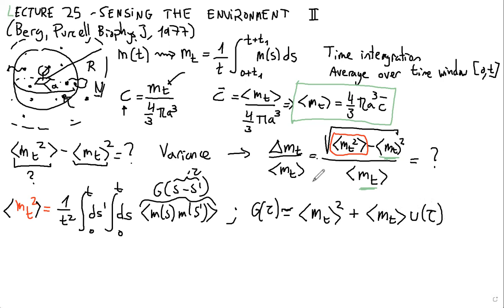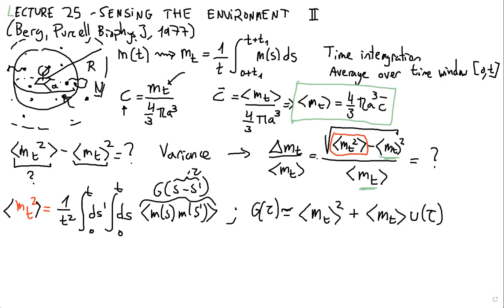U of tau, okay, be careful with these t's and taus, but for m of t it doesn't matter whether it is t or tau, whatever. It is taken over this time window, and it doesn't matter which is the origin of the time. We assume this is stationary.